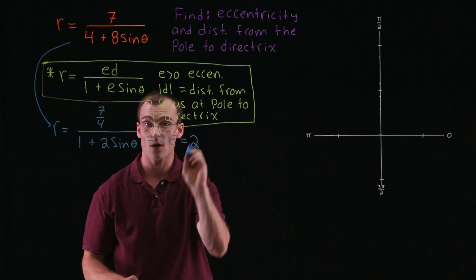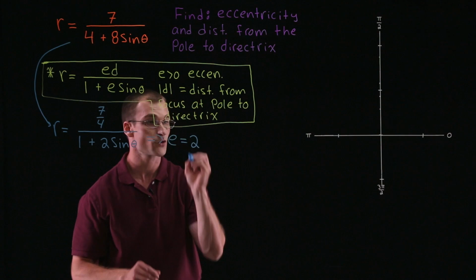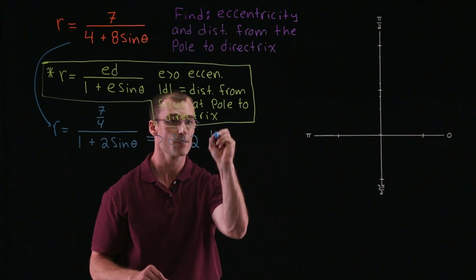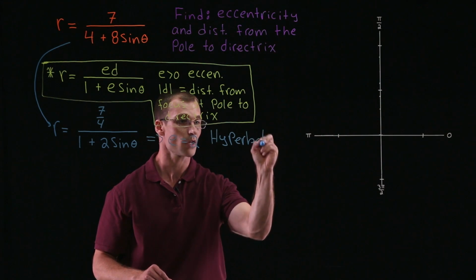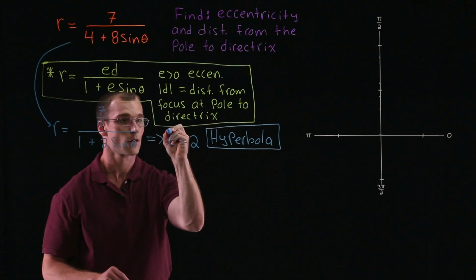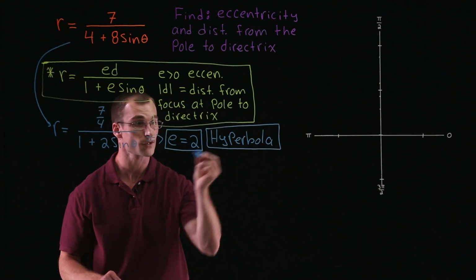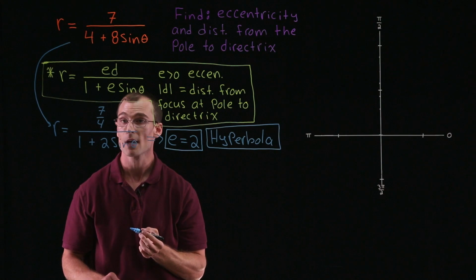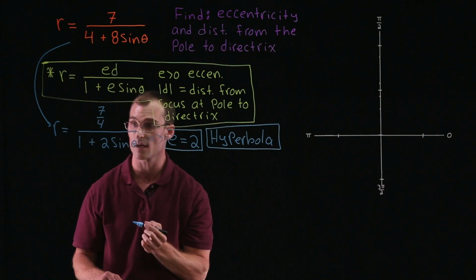Now, the eccentricity being greater than 1 tells us something else: the type of curve we're going to have is a hyperbola. So our eccentricity is 2, and we know the sketch of our curve is going to be a hyperbola. Now let's pay attention to the top part, because we need e times d to get the d number.